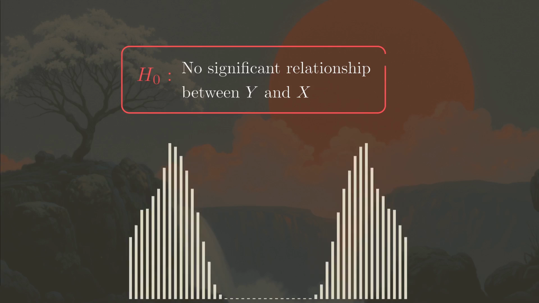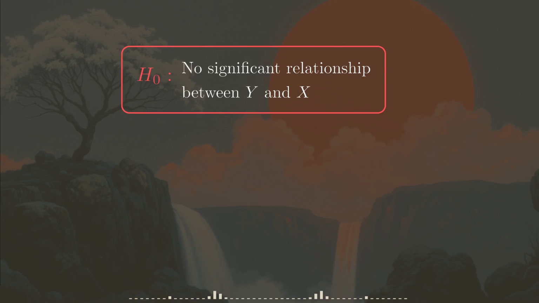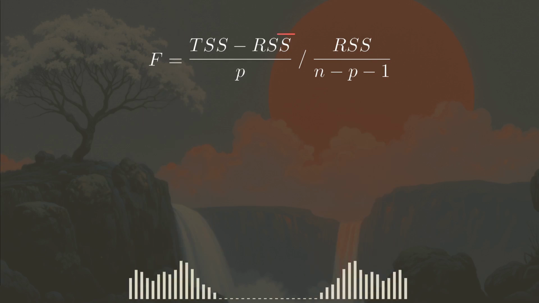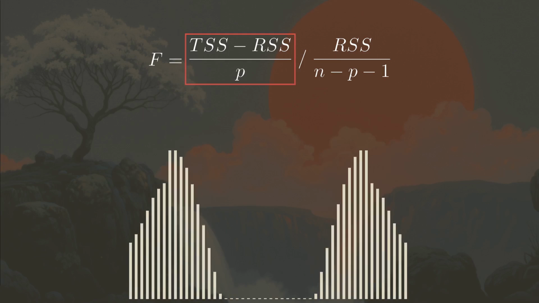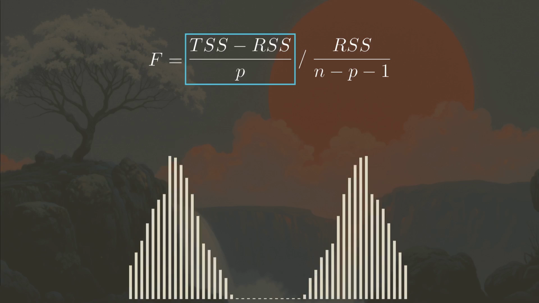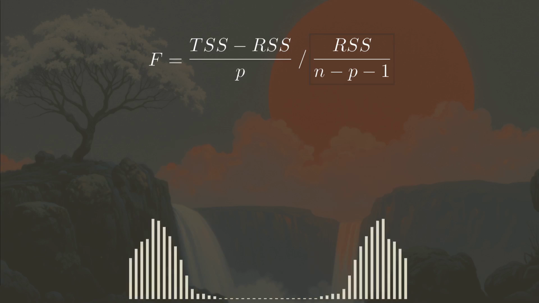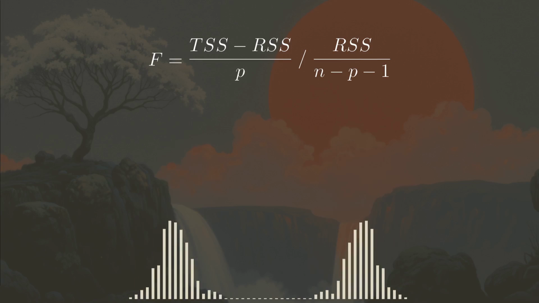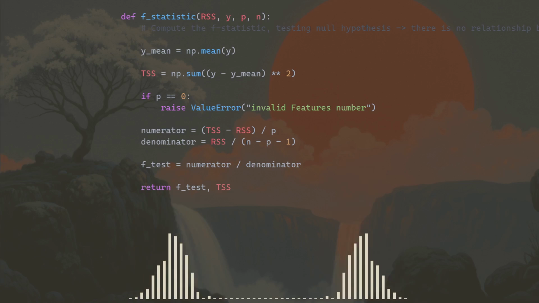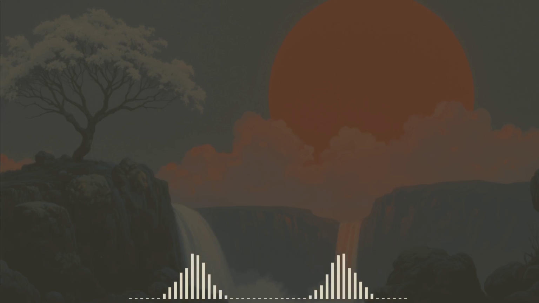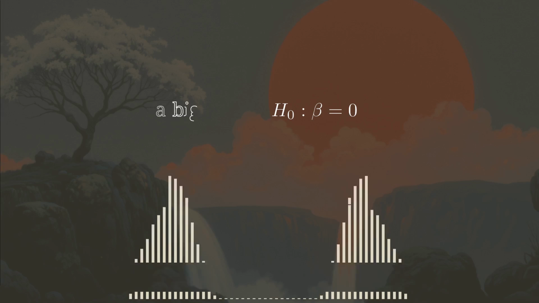I won't call this a liar, nor will I believe it, so we will perform the f-test, which calculates the original variance and the noise in the raw data before we fit, called the TSS. Also calculate the variance we have after we fitted the model, which is the RSS. We plug them into the f-test formula and get the f-score, which after looking up in the f-table looks pretty good and healthy. And now we can call our null hypothesis a big liar.